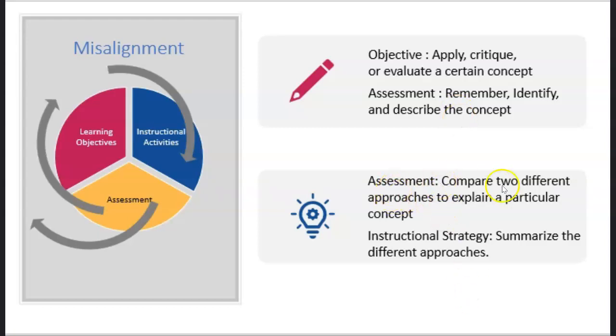Similarly, if the assessment is to compare two different approaches to explain a particular concept, but the instructional strategy comprises summarizing the different approaches, once again there is a misalignment and the learning objectives will never be met. So one has to be careful that learning objectives, instructional activities and assessment must align to each other.